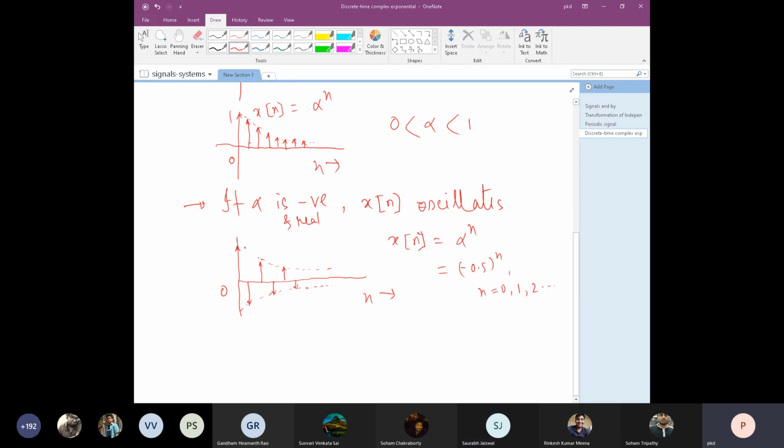Minus 0.5 to the power 0 will be 1 here. Then minus 0.5 to the power 1 is minus 0.5. Then minus 0.5 to the power 2 is 0.25, and minus 0.5 to the power 3 is minus 0.0625. So therefore it will oscillate, because this is nothing but minus 1 to the power n into 0.5 to the power n.